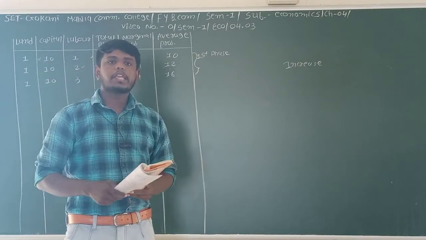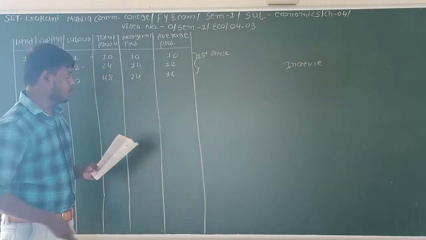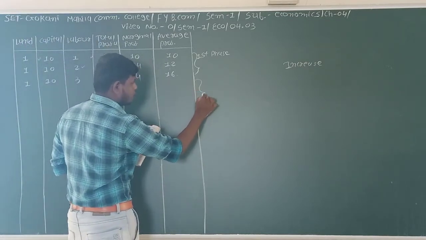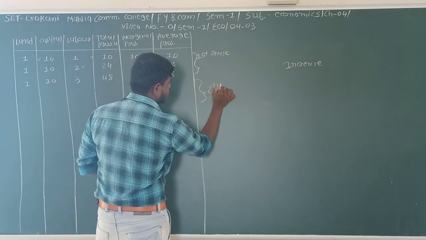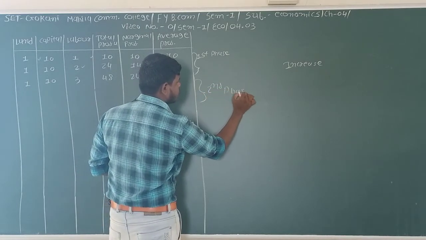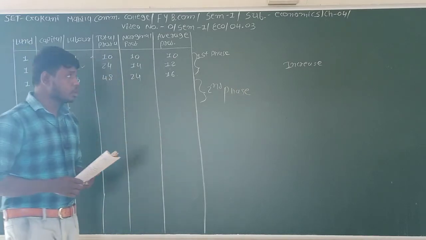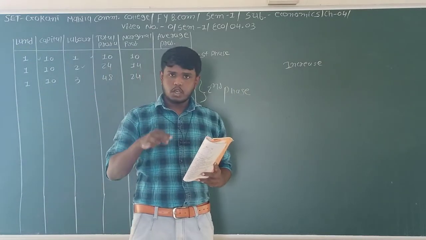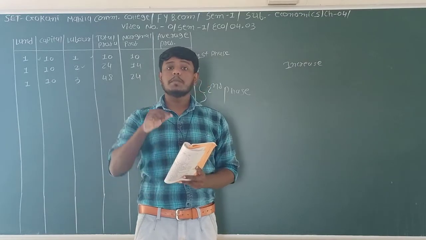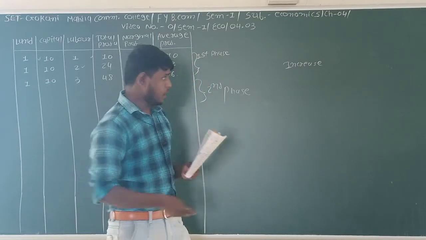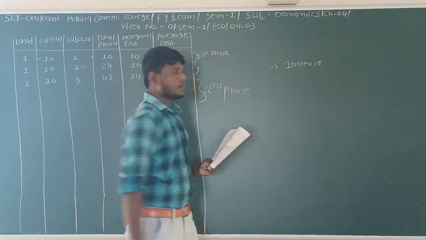Now, if we take an example from the second phase, say for example from this, the second stage will start. So as we know, in the first stage, all your production will be in the incremental stage.